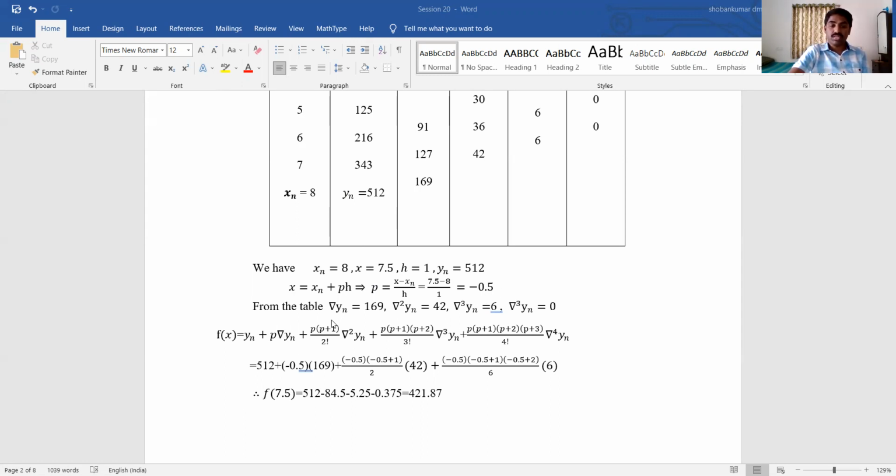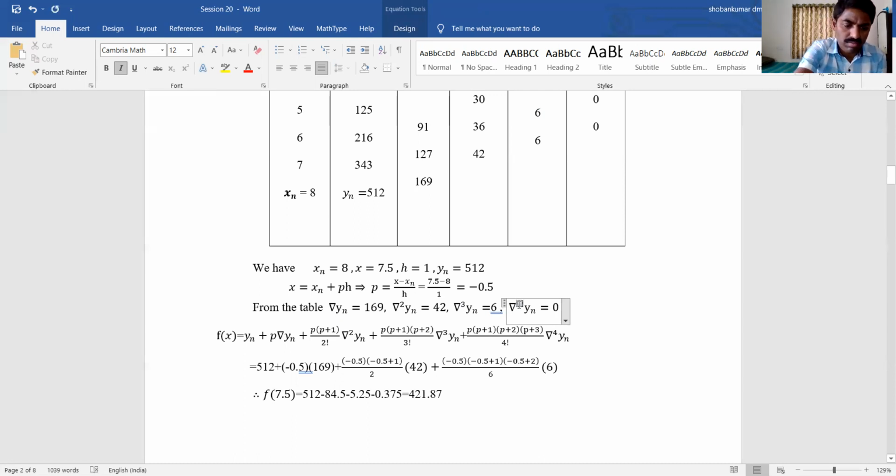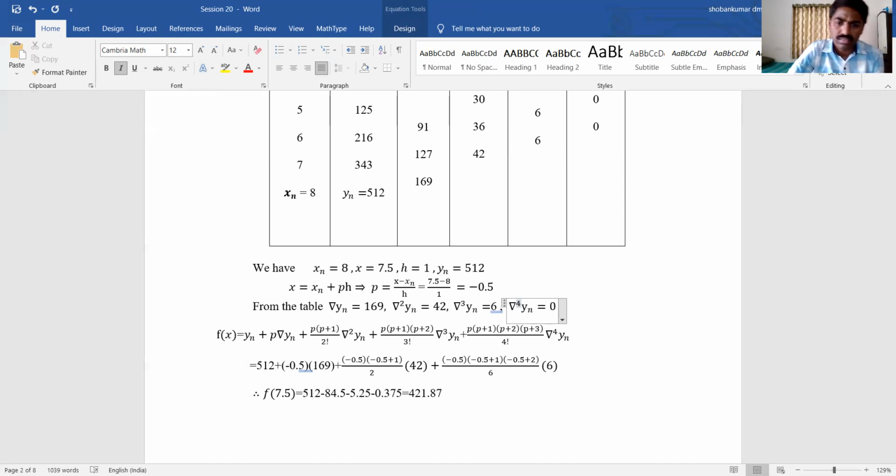Now from the table, note down nabla yn, nabla 2 yn, nabla 3 yn, and nabla 4 yn, and so on. Nabla 4 yn is 0 from the table.